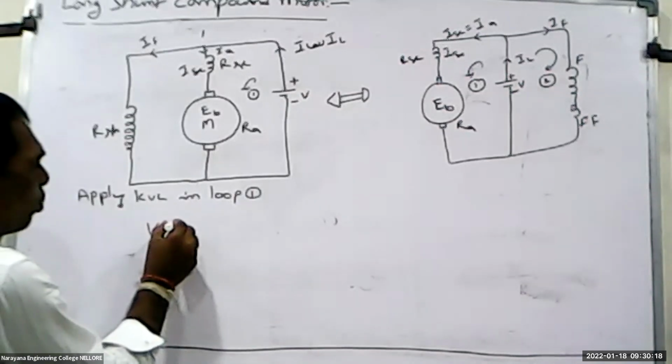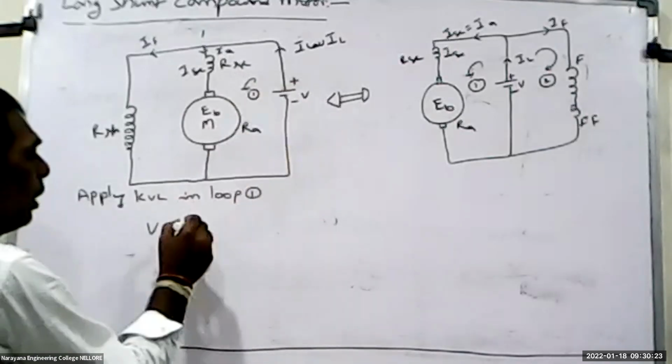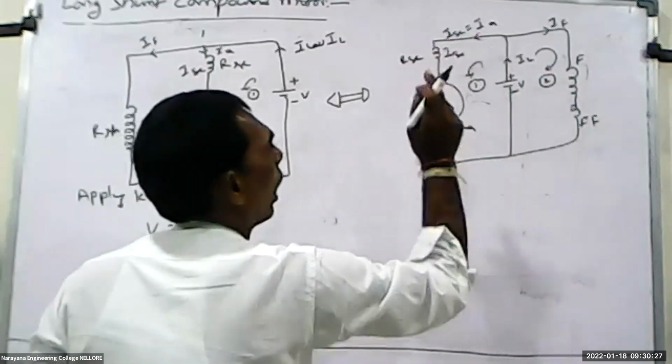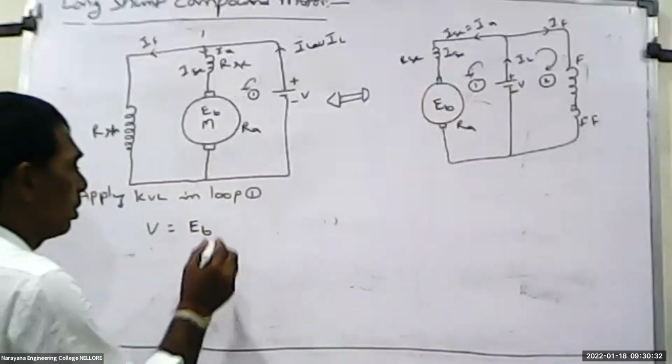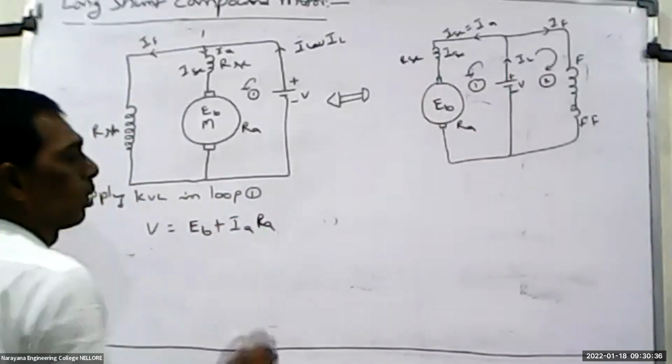V is equal to, because of it is voltage rising, what are the drops in here? EB, we'll observe this one. And another drop is due to the armature resistance, so plus IA RA.